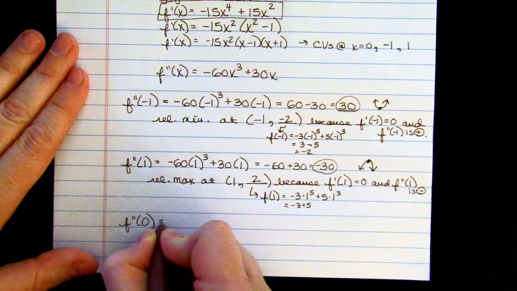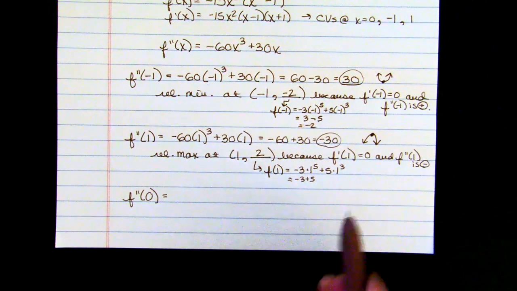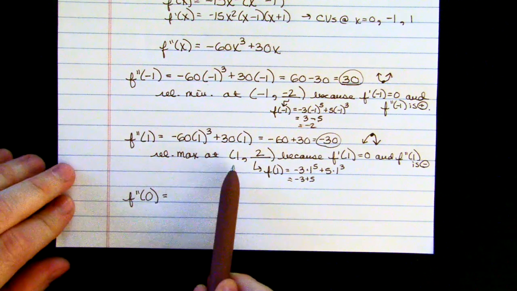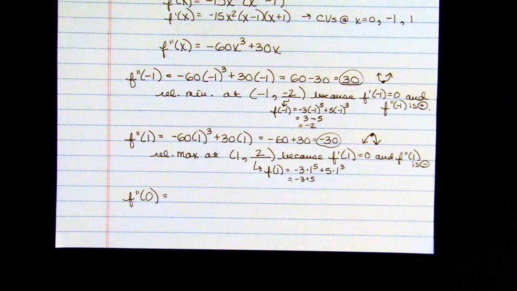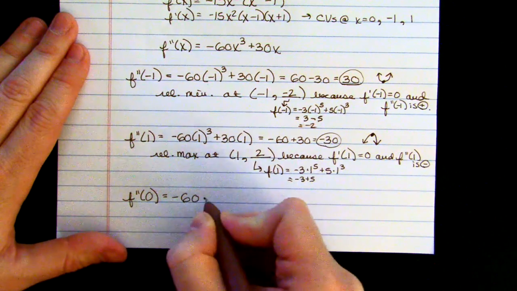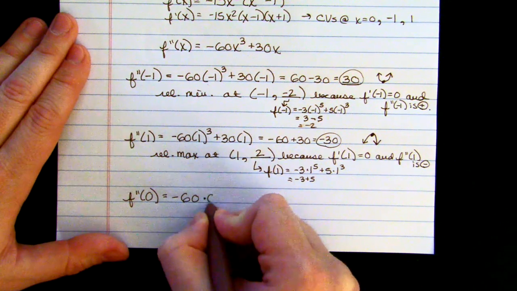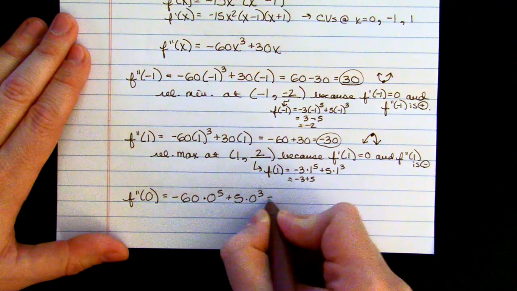Please go find f double prime of 0 and tell me what we have there. You're going to say something like relative min or relative max at 0 comma whatever because, and give me the justification there. Negative 60 times 0 to the 5th plus 5 times 0 to the 3rd.